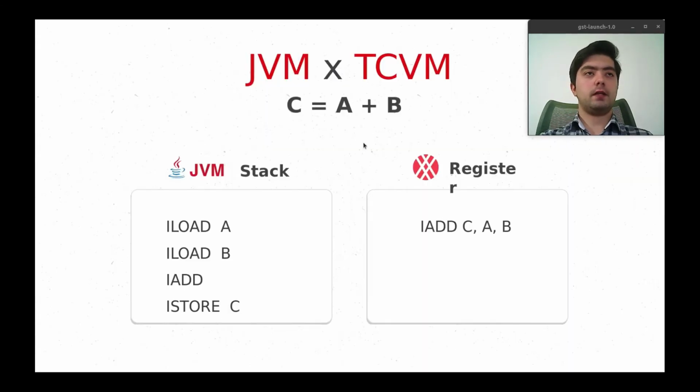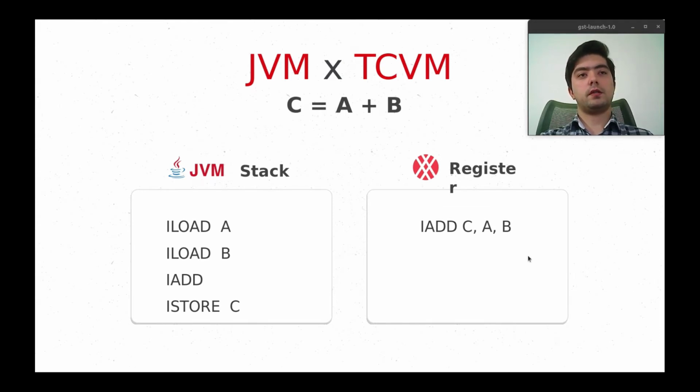Here we have a simple add operation that is done in the JVM and the TotalCross VM as an example. On the JVM side, it's done in the stack memory, and it takes about four steps, four instructions to accomplish.